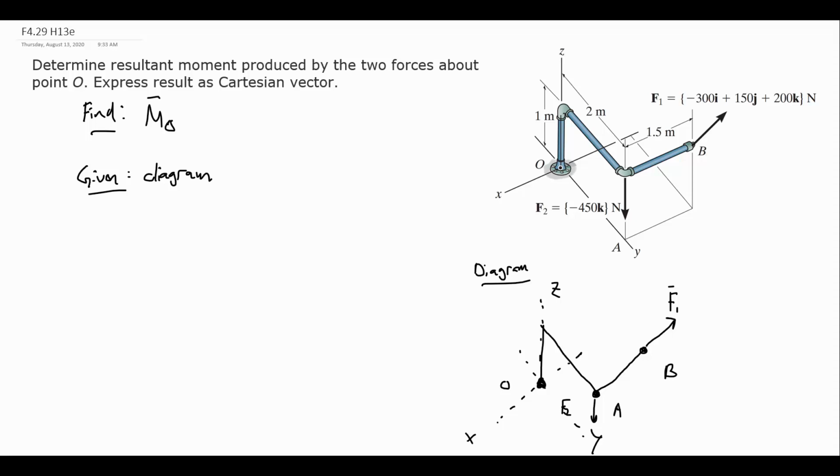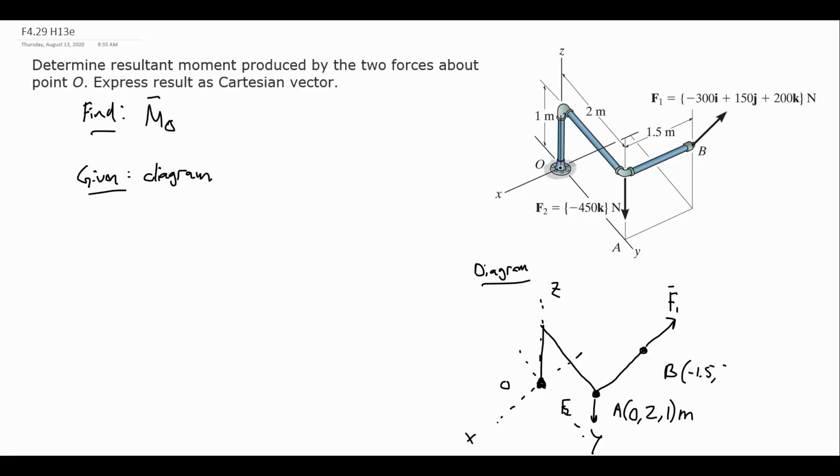So really all I want is to put in the coordinates I'm going to need. So how do I get to A? From the origin, I'm going to go 1 in the positive z and 2 in the positive y and nowhere in the x direction. So that's going to be 0, positive 2, positive 1 meters. And B, I'm going to go 1 in the z, 2 in the y, and then negative 1.5 in the x.